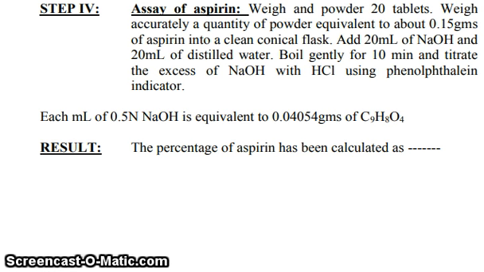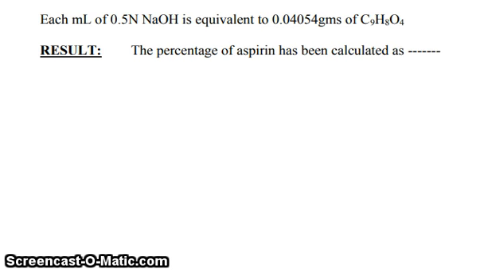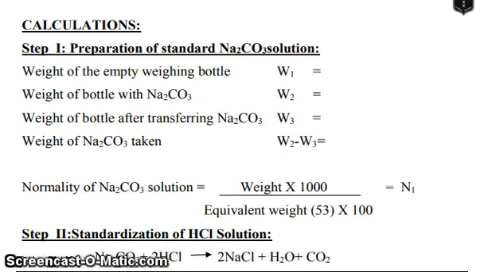Boil gently for 10 minutes and titrate the excess of sodium hydroxide with HCl using phenolphthalein indicator. Each milliliter of 0.5 N NaOH is equivalent to 0.04054 grams of C9H8O4. What are the results? The percentage of aspirin is calculated as follows. You can calculate like that.